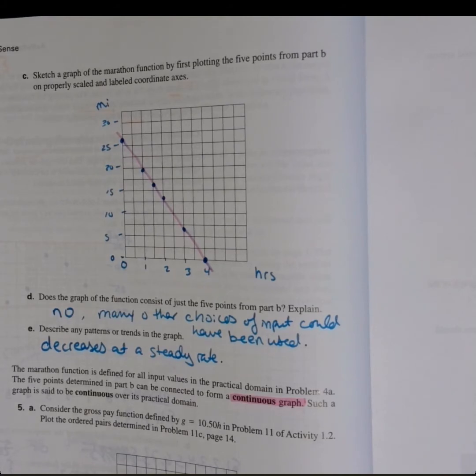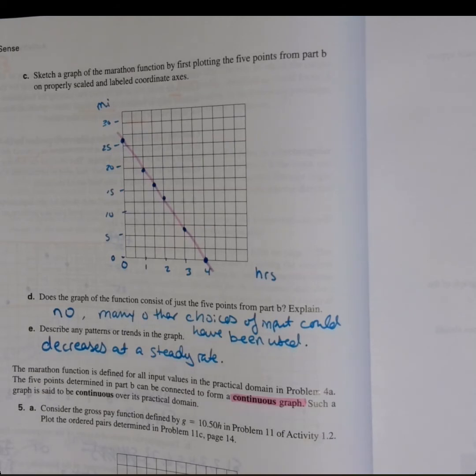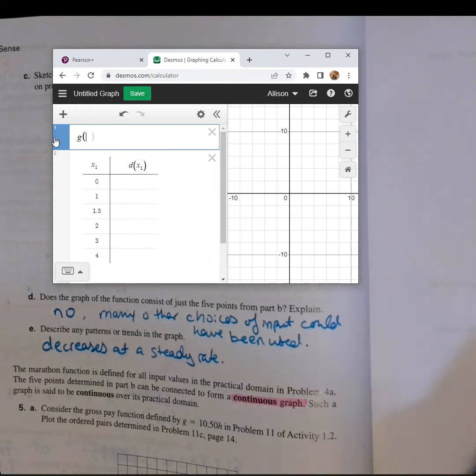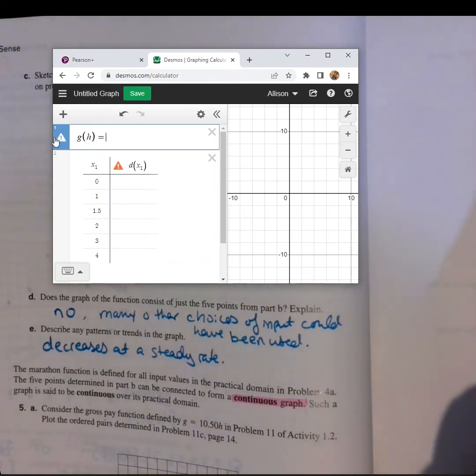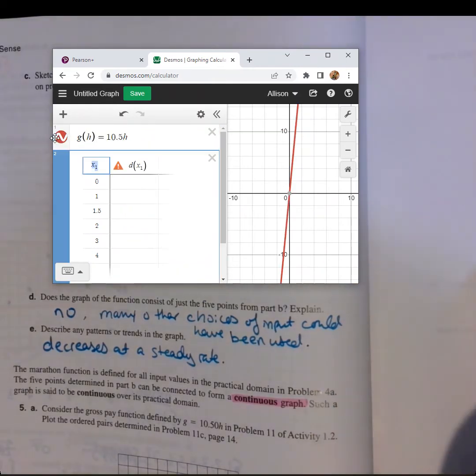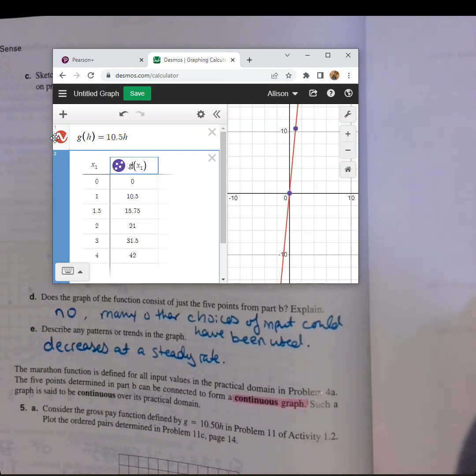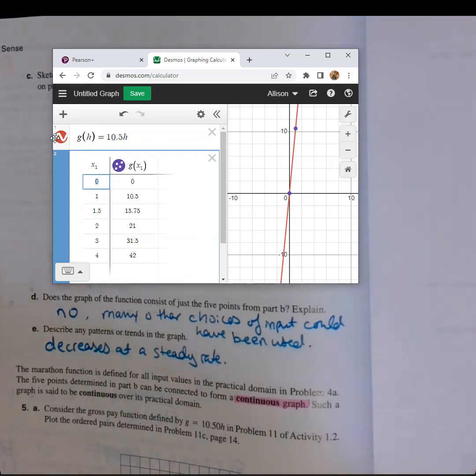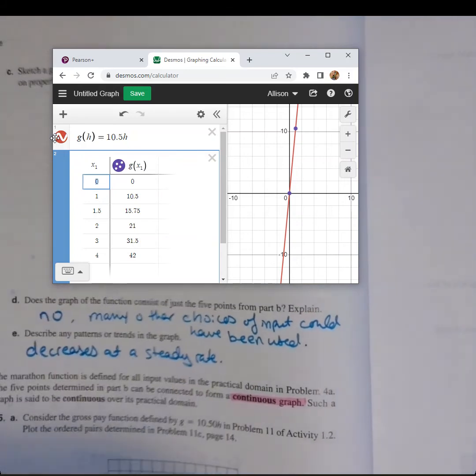Okay, so now let's look at the gross pay function. All right, and our gross pay function, G of H, was 10.5H. And for our inputs here, I don't remember what we wanted. I've got to go back and look real quick.